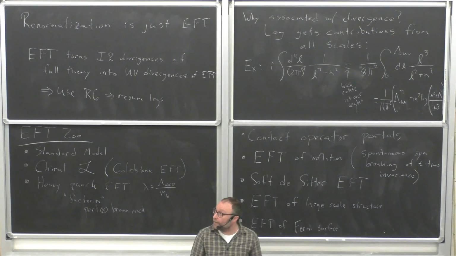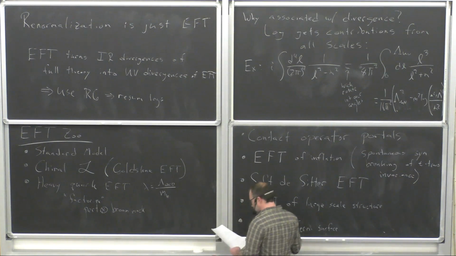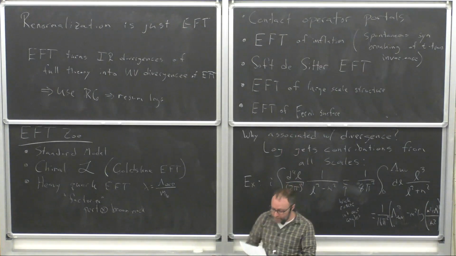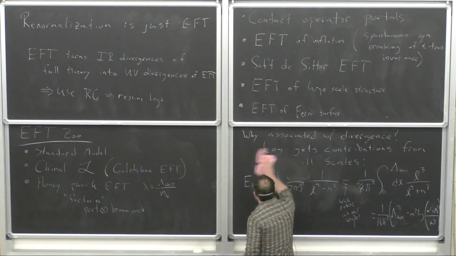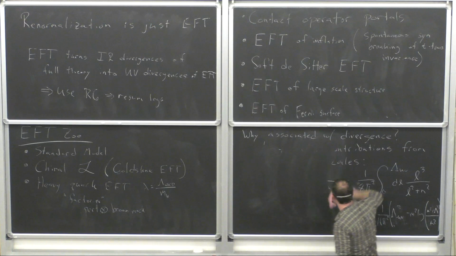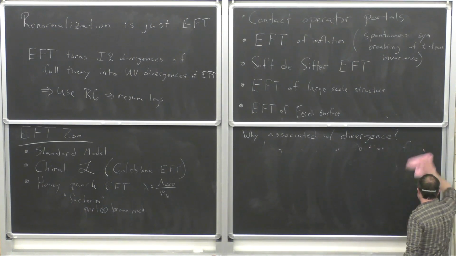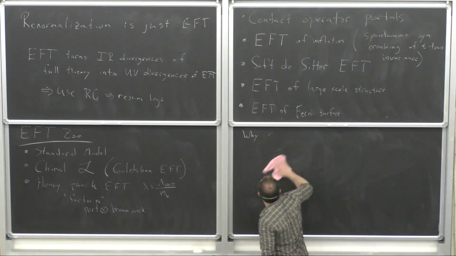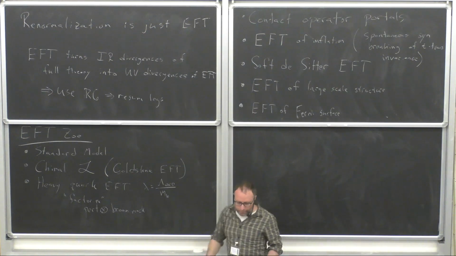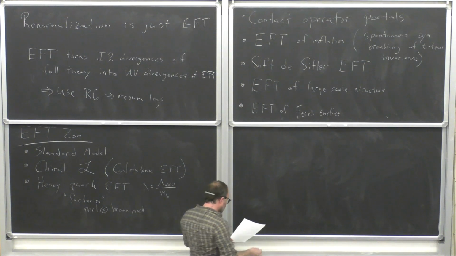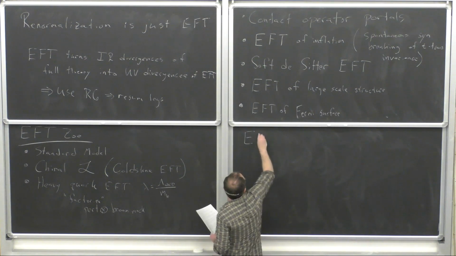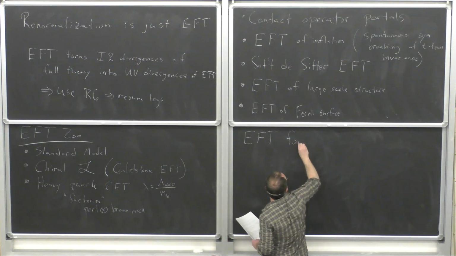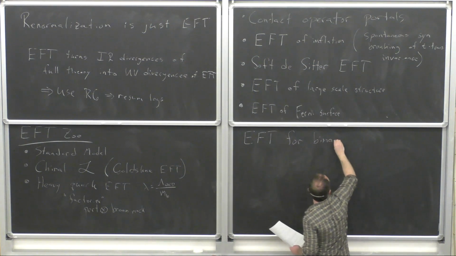Okay, two more. Just because maybe some of you are even working on these, I think they're worth a few minutes of time. In maybe the last 5 years, very recently, there's been a lot of progress in understanding EFT for binary inspirals.